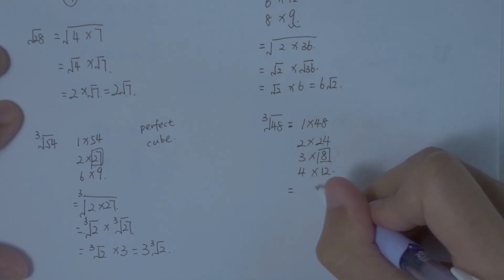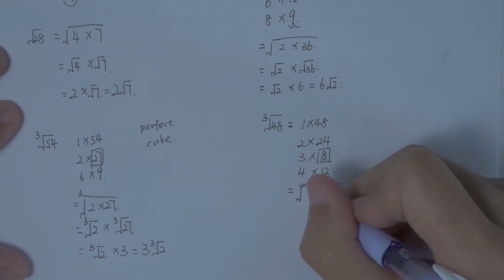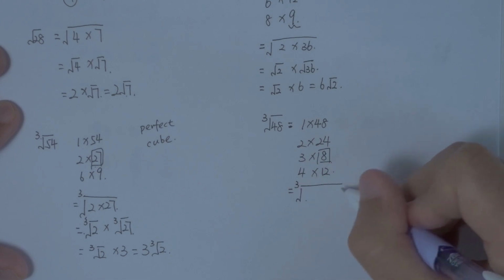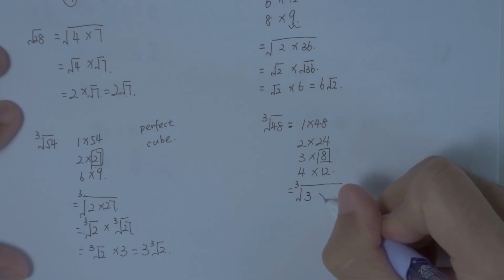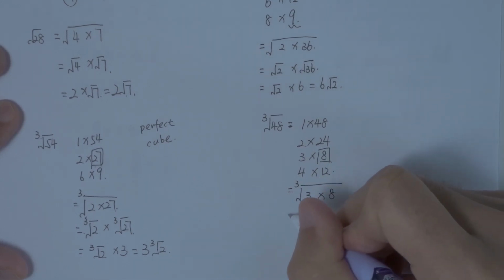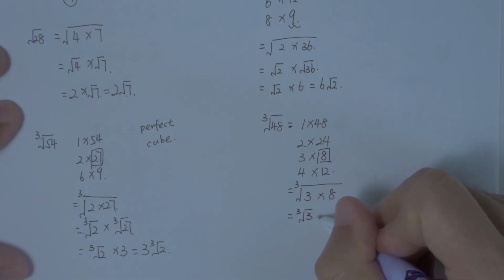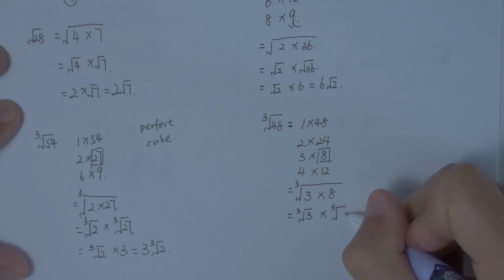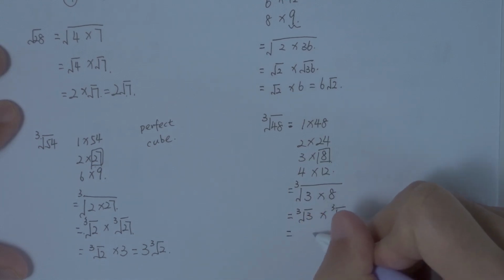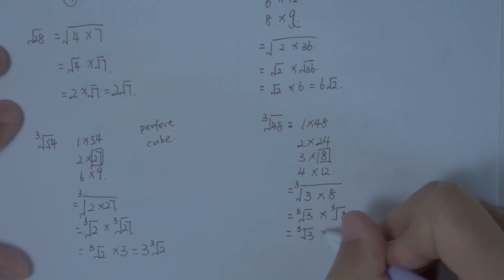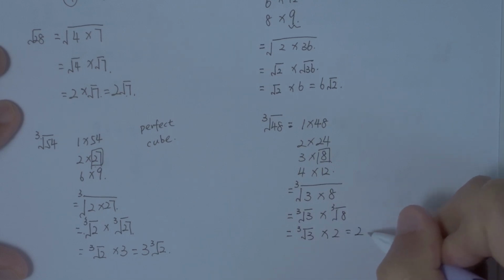So it's the cube root of 3 times 8, and then we split them up: cube root 3 times cube root 8, which equals cube root 3 times 2, so 2 cube root 3.